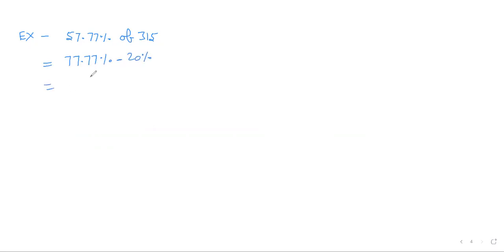So 77.77% is nothing but 7 by 9 minus 1 by 5 into 315. Just one thing: 7 by 9 into 315 minus 1 by 5 into 315.